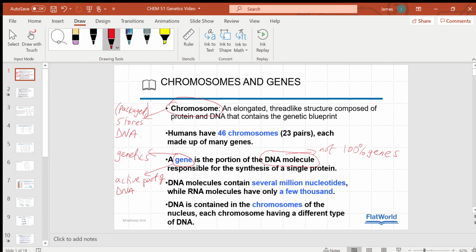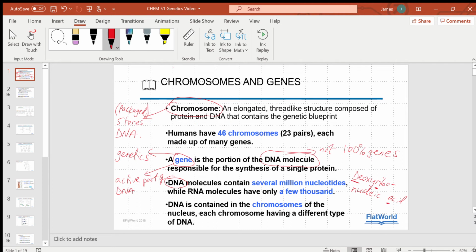DNA itself is an acronym for, let's see, it's probably on the next slide, deoxyribonucleic acid, it's all one word. So D for deoxy, R for ribonucleic, and then A for acid.